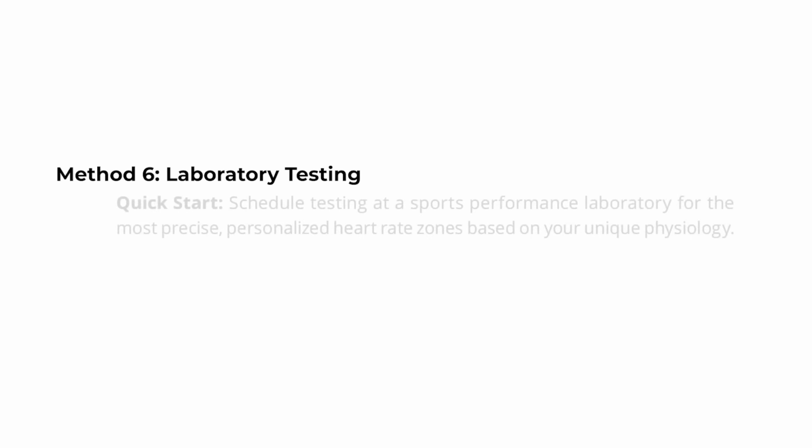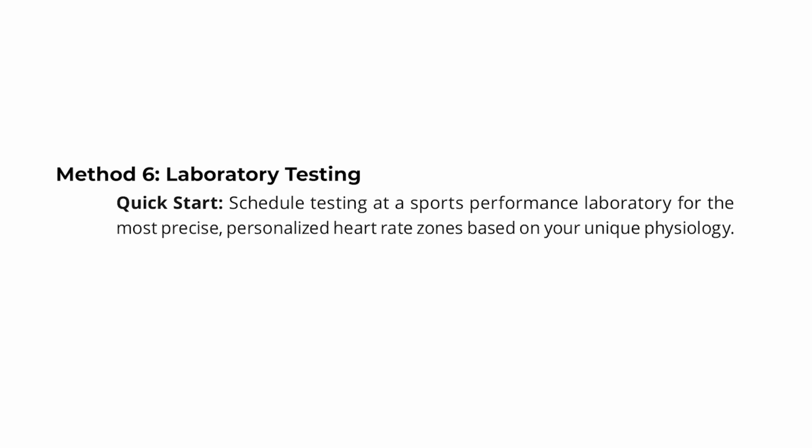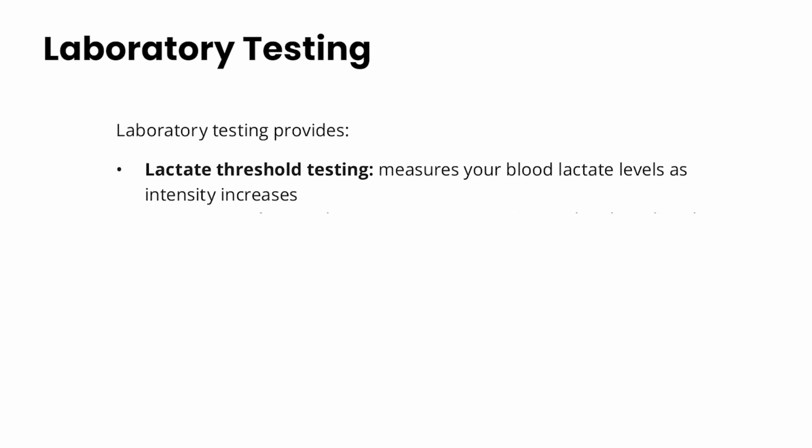Let's take a look at the last method that we'll dive into, and that is lab testing. Quick start: schedule testing at a sport performance laboratory for the most precise, personalized heart rate training zones based on your unique physiology. Laboratory testing provides lactate threshold testing, which measures your blood lactate levels as intensity increases.